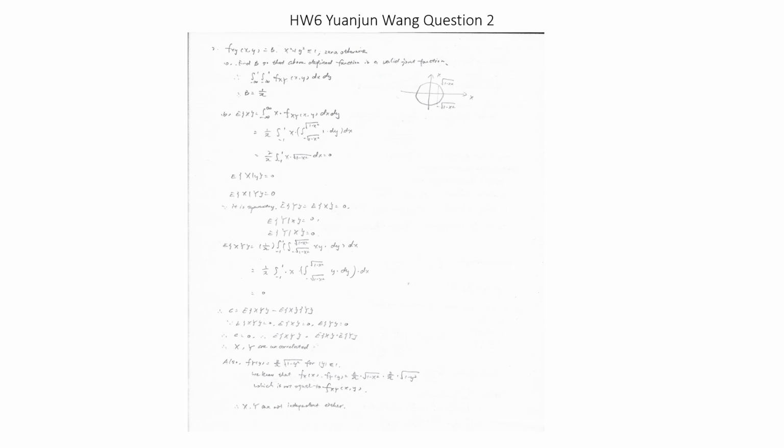So we know y is going to be equal to the square root of 1 minus x squared, and then from negative to square root of 1 minus x squared, times 1 dy dx.